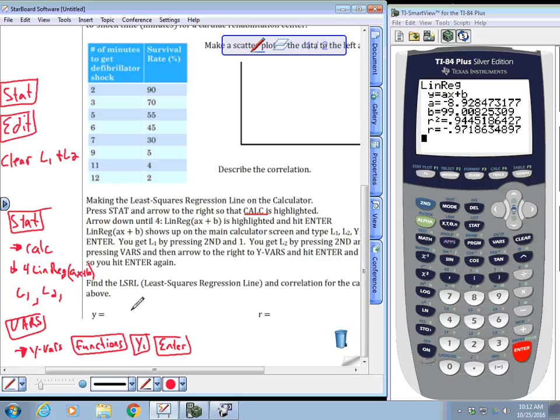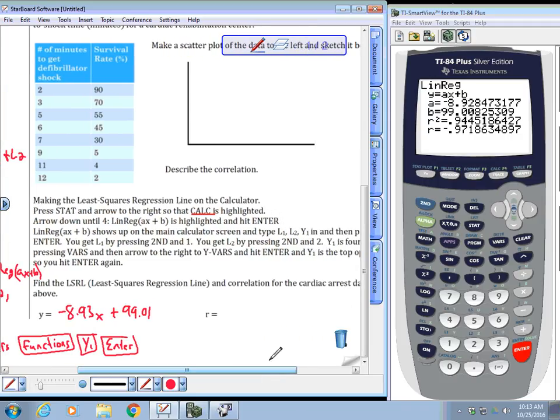So we will have an equation that is y equals negative 8.93, we'll round it to the second decimal spot, x, and then plus the b value, 99.01. And then we will also look at the correlation, which is a negative 0.9719.